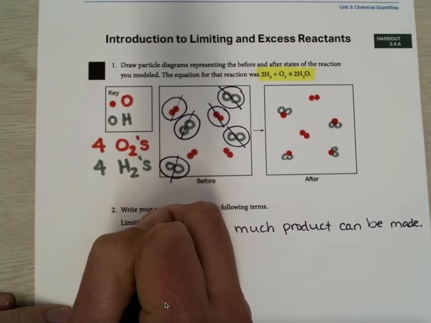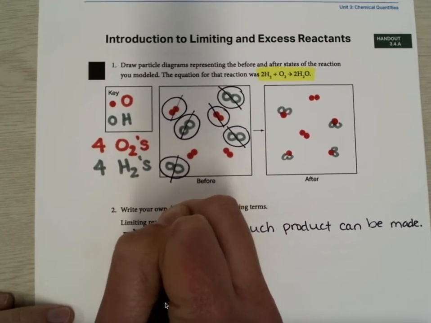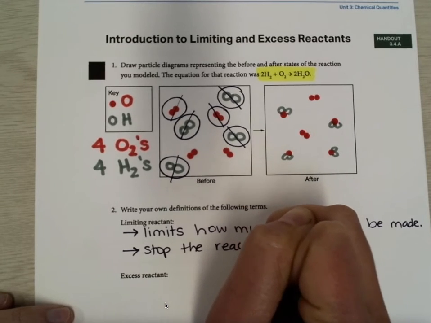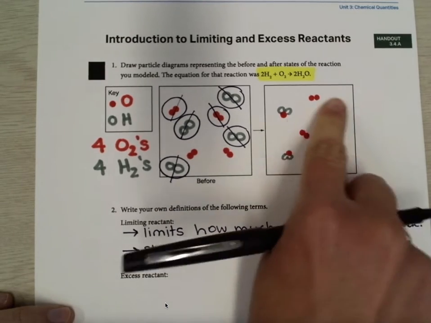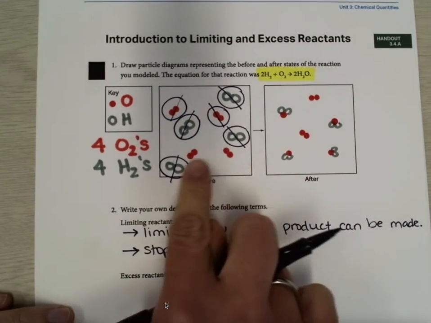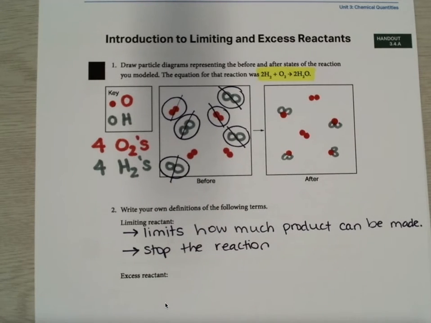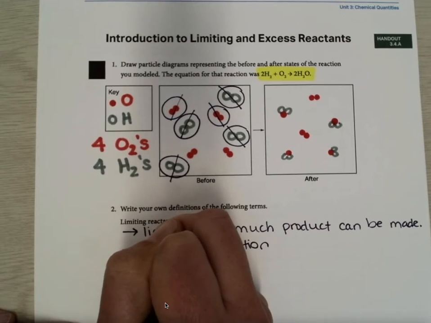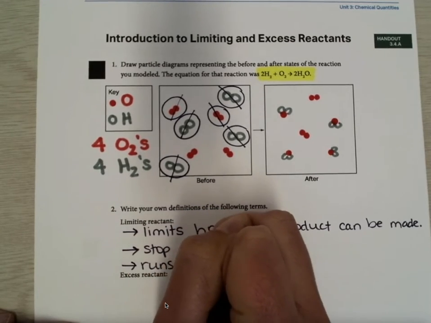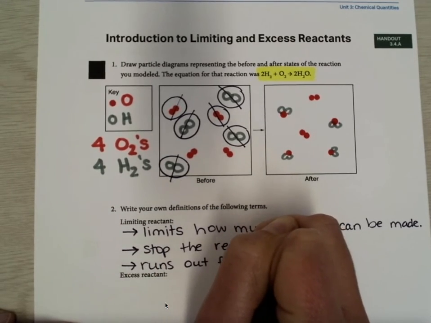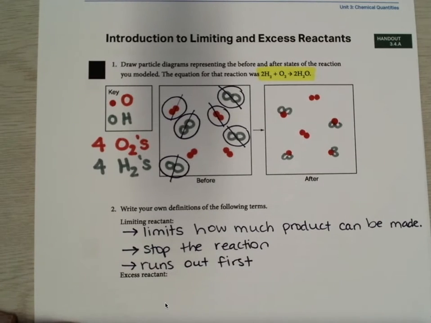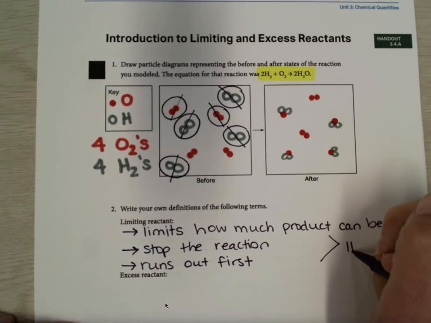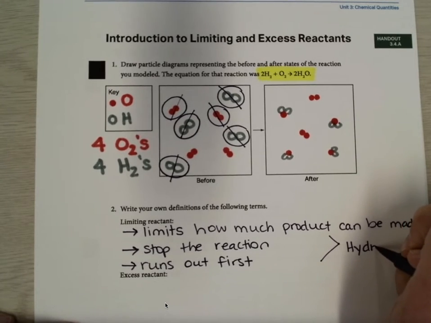Another thing that limiting reactants can do is that they stop the reaction. Right? We couldn't make any more product. We ran out of stuff, and so the reaction stops. Limiting reactants are also the thing that runs out first. So in our example up here, right, all of these things apply to the hydrogen.